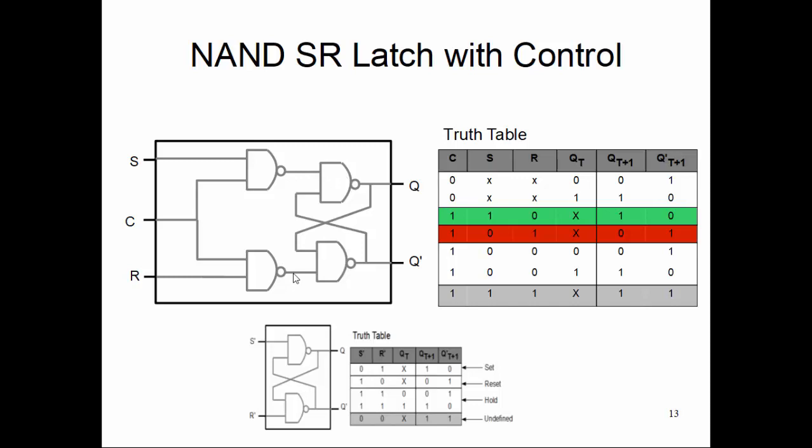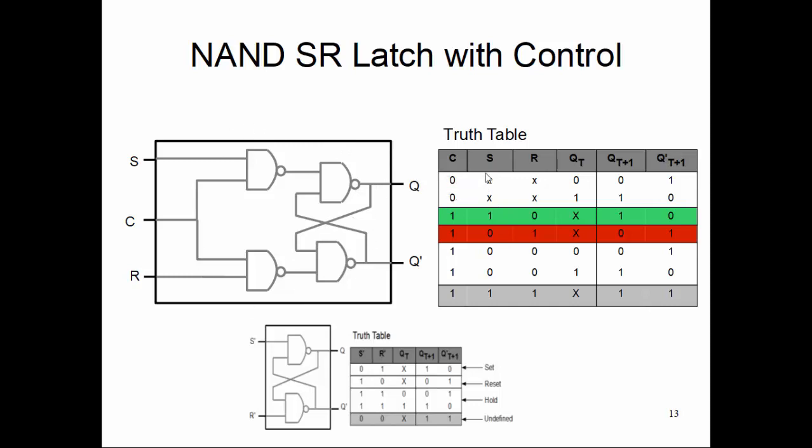So it will hold whatever value is being stored inside this storage. If it is storing 0, it will hold it. If it is storing 1, it will hold it. So that becomes a hold condition for this new circuit. Okay, if C is 0, no matter what the S and R values are, I hold the value.